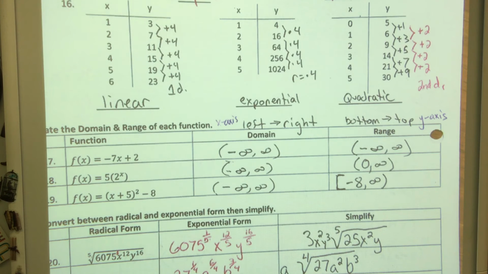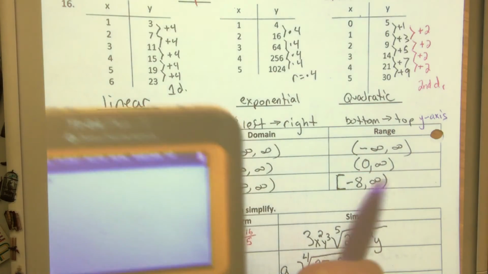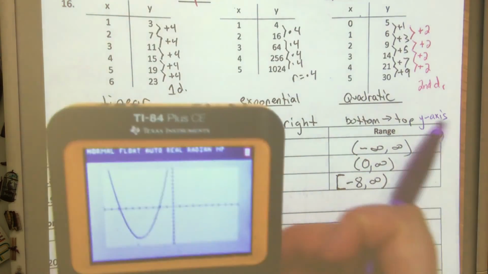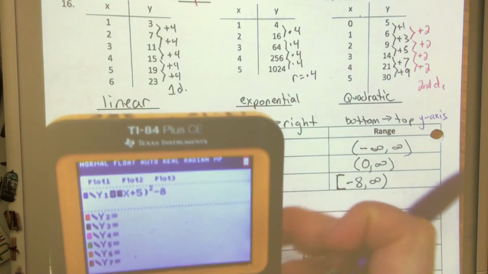So now I'm going to push in the middle one, number 18, 5 to the x power. Trying to get the parentheses. Oh, it didn't work.